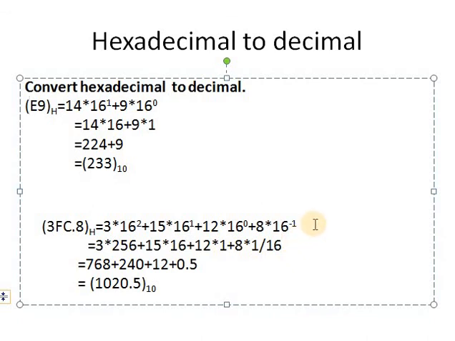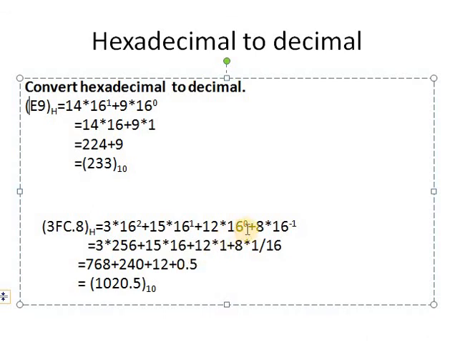You know that 16 power minus 1 is 1 by 16, so 8 into 1 by 16 gives the value 0.5. This is the fractional part.